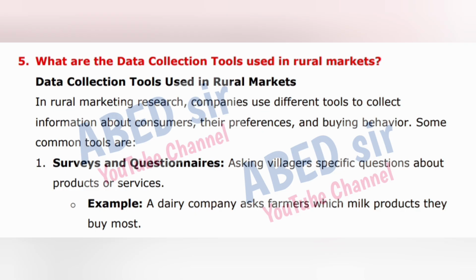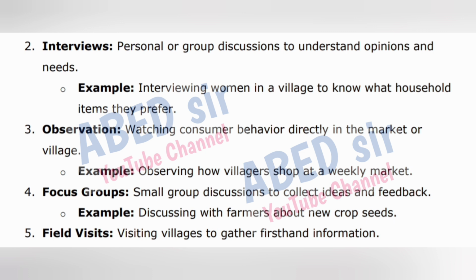Surveys and questionnaires, asking villagers specific questions about products or services. Example: a dairy company asks farmers which milk products they buy most. 2. Interviews, personal or group discussions to understand opinions and needs. Example: interviewing women in a village to know what household items they prefer.